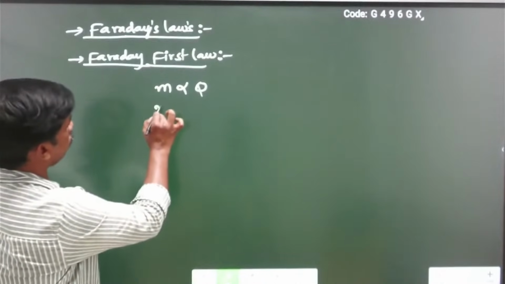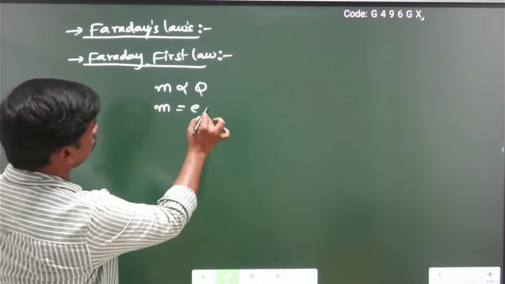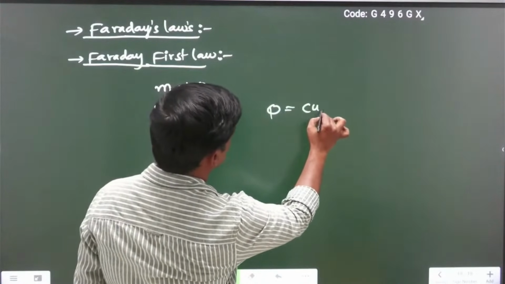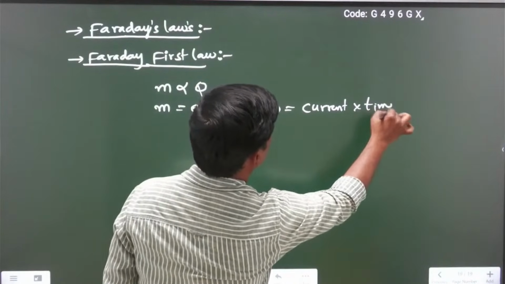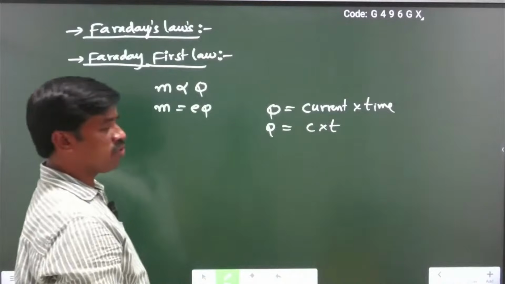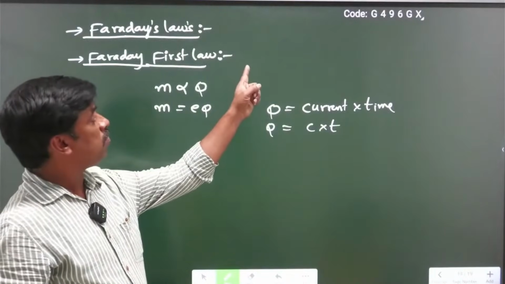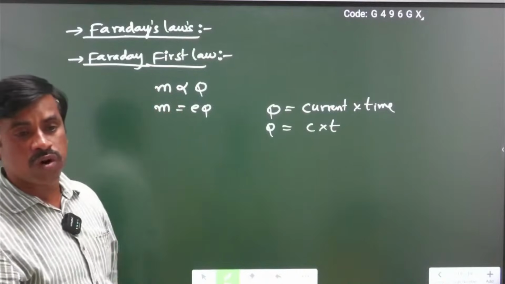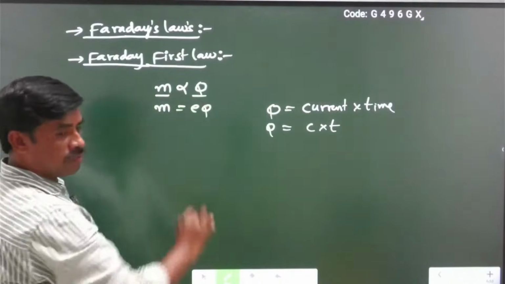Here m is proportional to Q. Removing the proportionality constant, I write m equals E Q, where Q equals current into time, Q equals C T. Mass of substance is directly proportional to the quantity of current.